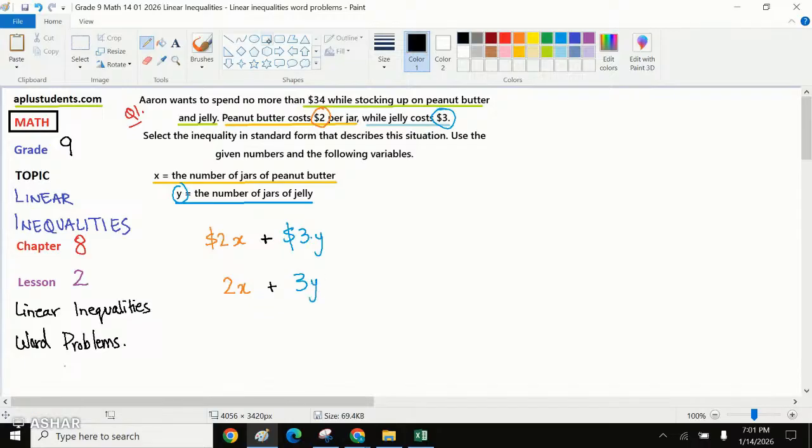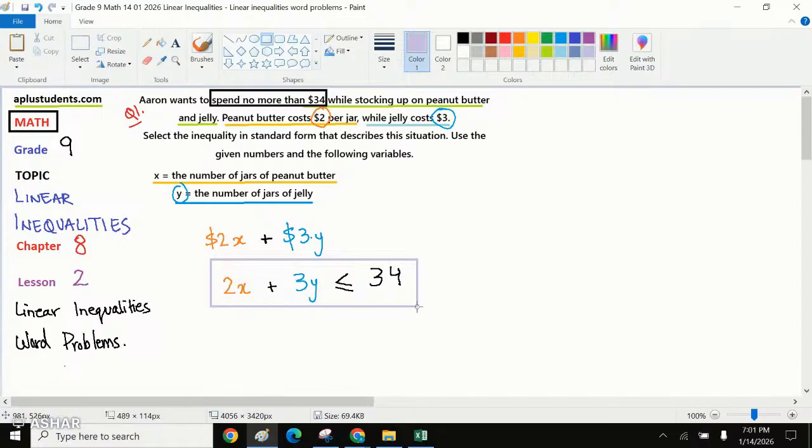But the opening statement said that Aaron wants to spend no more than $34, right? So the total cost, this is the cost, jar of peanuts plus the jar of jellies, should be less than or equal to 34 because 34 was the total budget, right?